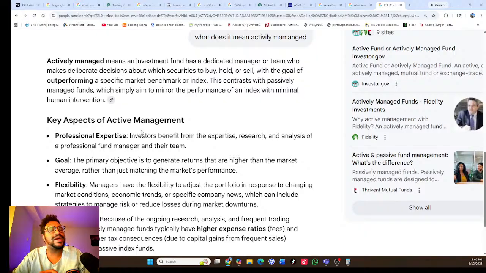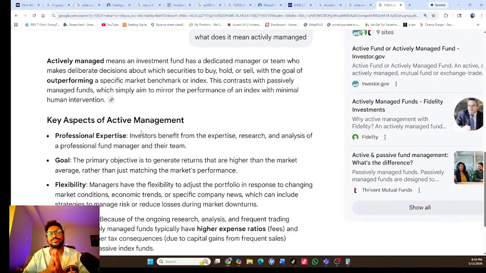So actively managed means that they are buying and selling shares. Like, you know what? I think Nvidia is gonna go up, so I'm gonna buy more of it. I think this thing is gonna go down, so I'm gonna sell it. So they're actively managing what stocks are in there, how many, and all that stuff.